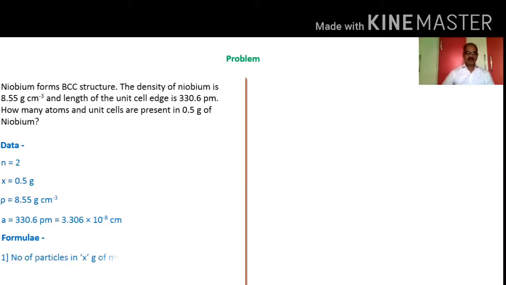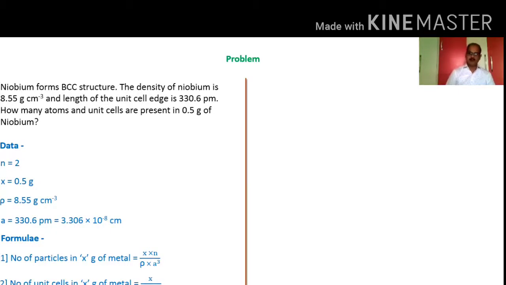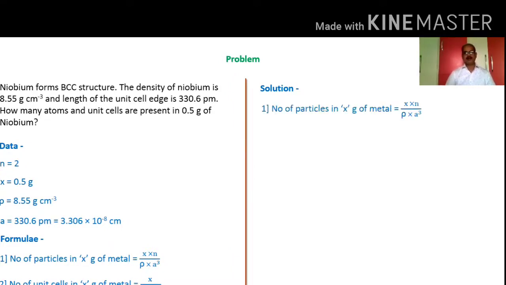So the formulas that I am going to use are: the number of particles in x grams of a metal is x into n upon rho into a cube, and the number of unit cells in x grams of the metal is x upon rho into a cube. So first, let us find out how many particles are present.